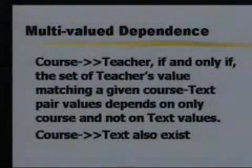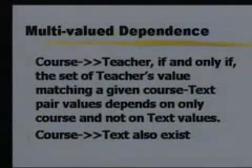So this is what this statement means. And the second statement is that course multi-determines teacher also implies that course multi-determines text should apply in the given relation. So we have these kinds of dependencies, and on that basis the decomposition as I proposed has to take place. That is, we are going to decompose the relation into course-teacher and course-text.